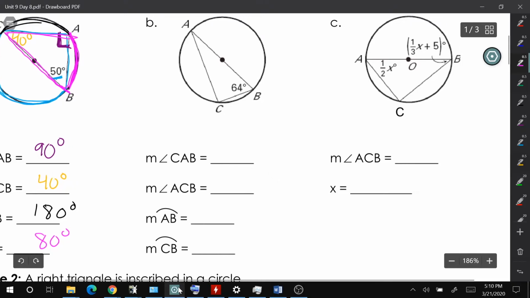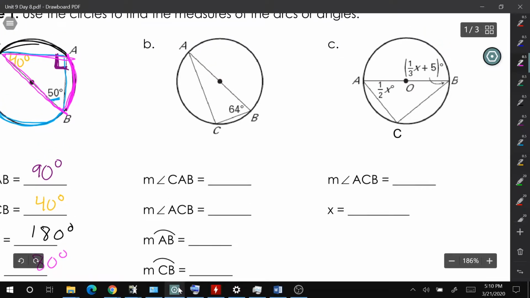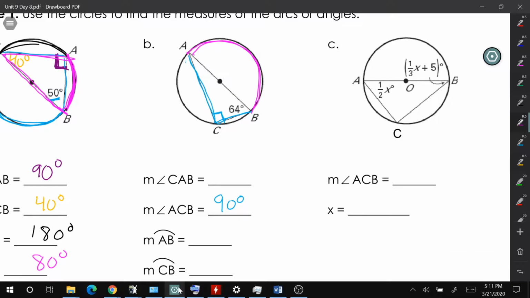Now letter B, we're going to do the same way. Because this is a semicircle, that means the inscribed angle right here is 90 degrees, so it's a box. So angle ACB is 90 degrees. Then this angle up here, angle CAB, we have a 64 degree angle and a 90 degree angle. So if we do 180 minus 90 minus 64, this needs to be 26 degrees.